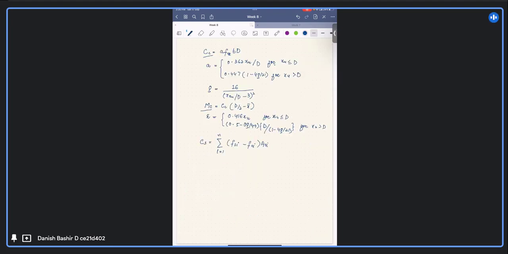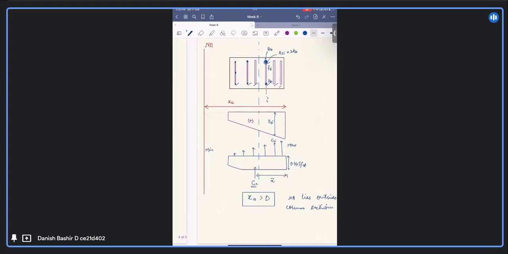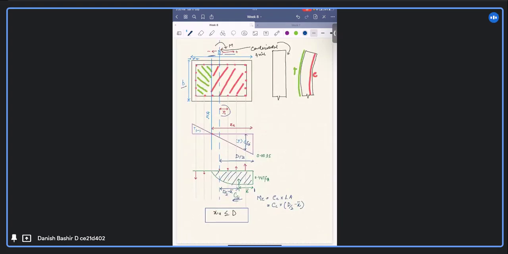FCI, FSI, and the moment MS resisted by the steel will similarly be equal to the compressive force multiplied by the lever arm, I running from 1 to n, of (FSI minus FCI) into ASI. I'm writing the same ASI, and you measure from the centroidal axis, which I already wrote as YI, the distance of each bar.